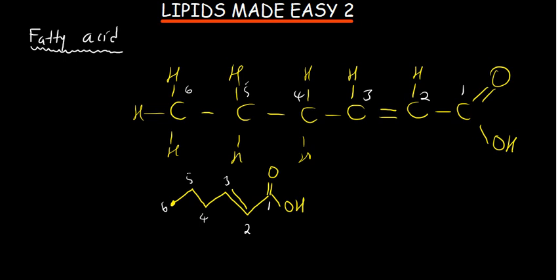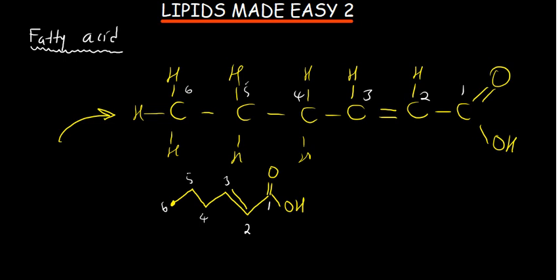Now don't call it zigzag. That is called a skeletal formula. The reason is that it is a waste of time to write all the carbons, the hydrogens and everything else. So when you're using the skeletal formula, it is much easier. So this is how a fatty acid is going to look.